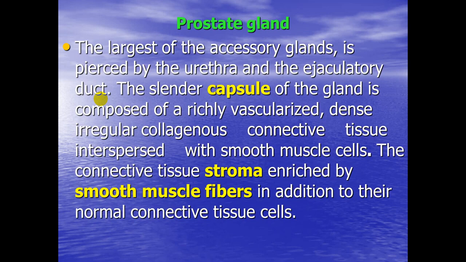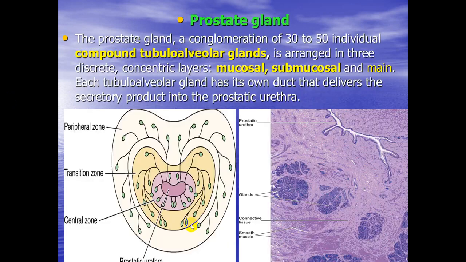And also here are present cells of the loose connective tissue. So if you look at this scheme, you will see that the prostate gland is a conglomeration of 30 to 50 individual compound tubular alveolar glands, which are arranged in 3 discrete concentric layers around the urethra.